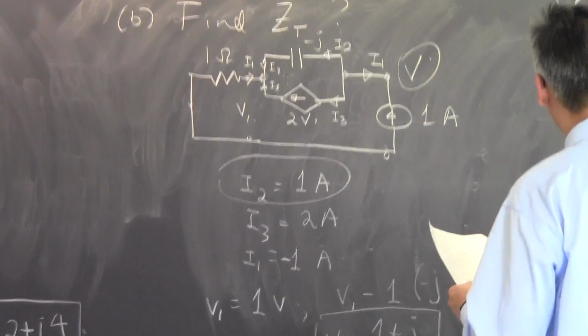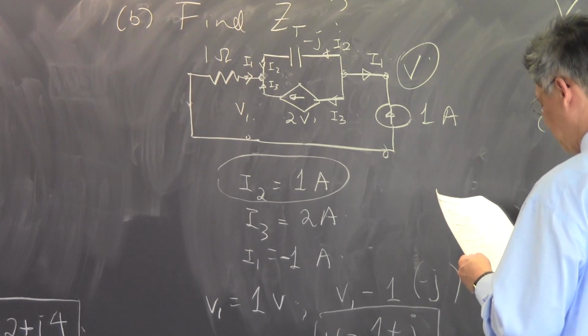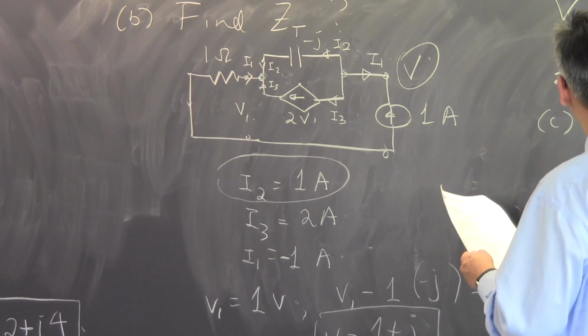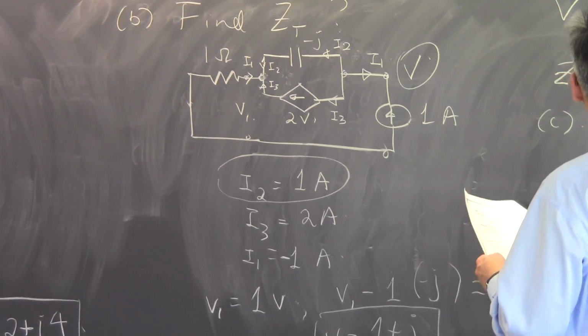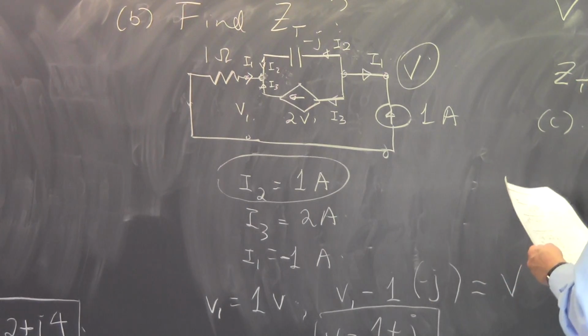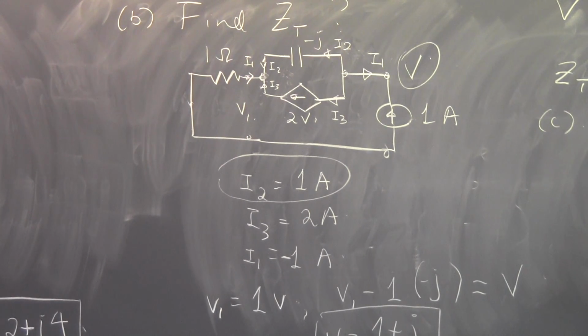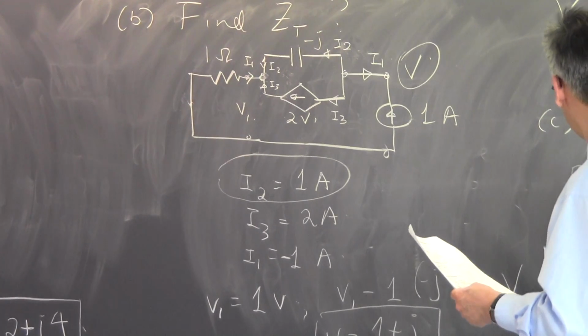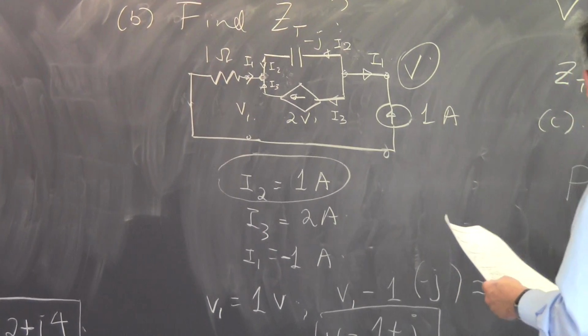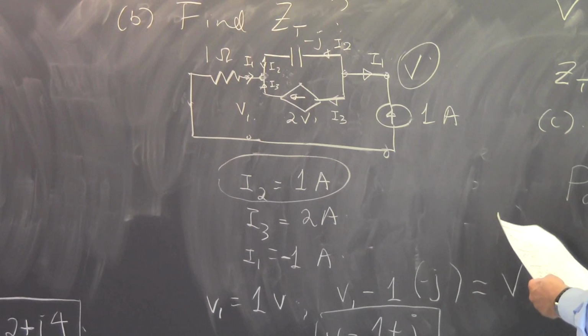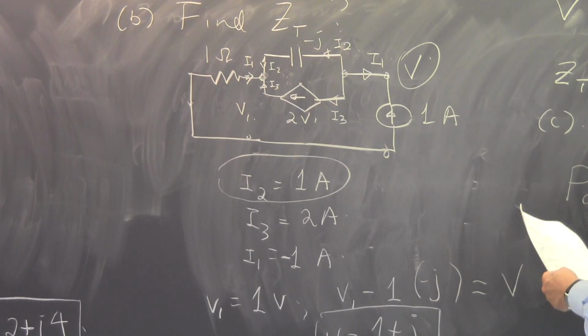And then the part C, you're asked to find the available average power of this. You can either remember the formula, P average is equal to V Thevenin squared over 8RT.